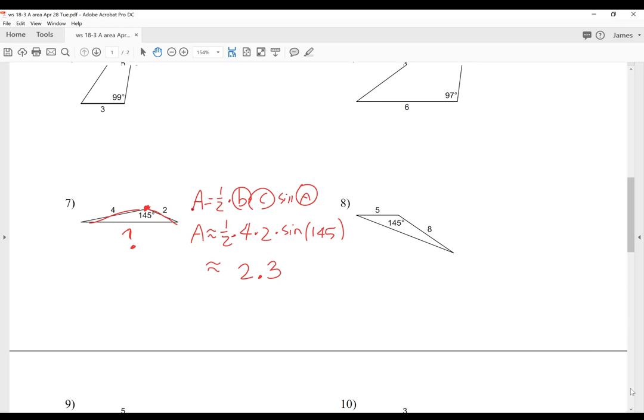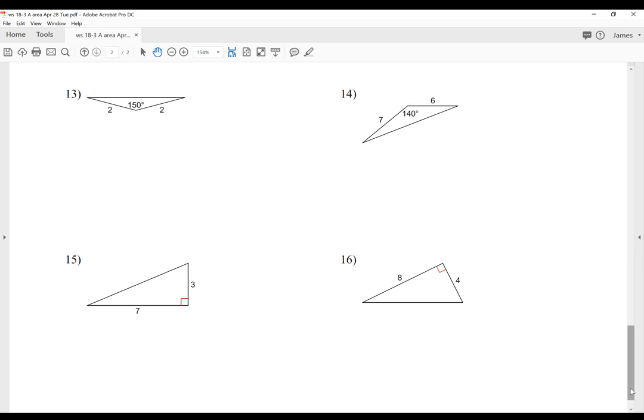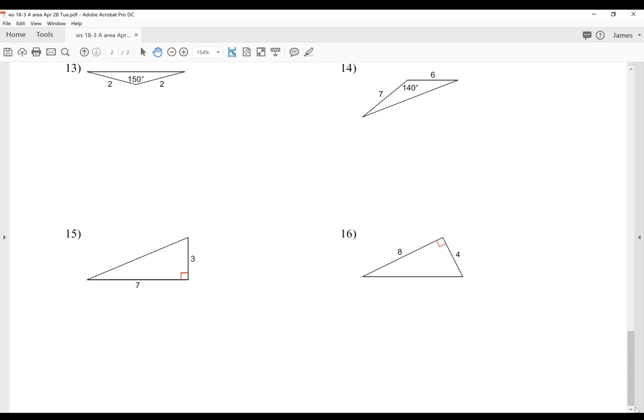Okay, just one more. Just want to show you. So number 15. What are the two sides? Well, there's a length of 7 and there's a length of 3. And what's the angle between them? Well, this square box right here says it must be 90 degrees.